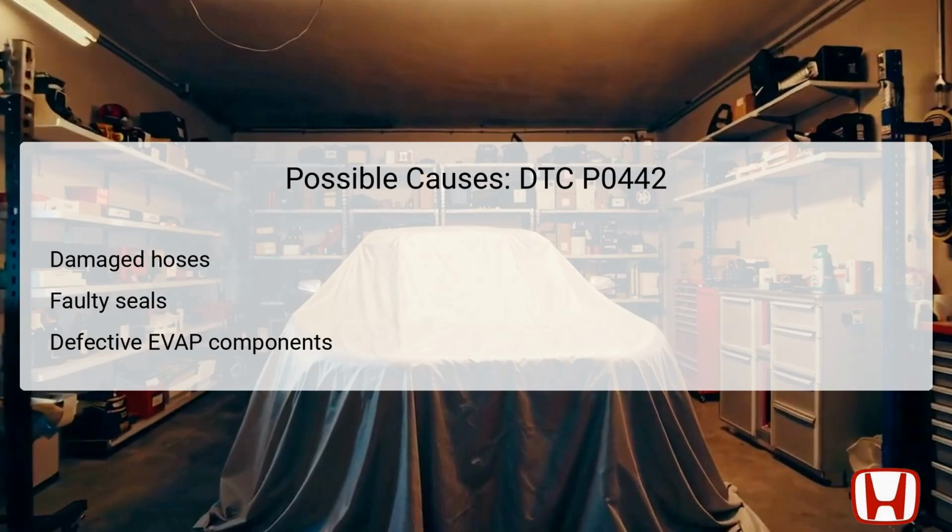Another possible cause is faulty seals on the fuel fill cap, which can lead to vapor leaks. The EVAP components themselves may also be defective. For instance, either the purge valve or vent shut valve may fail to function properly, allowing vapors to escape. It is critical to address these issues promptly to prevent increasing emissions and maintain the integrity of the vehicle's environmental systems.